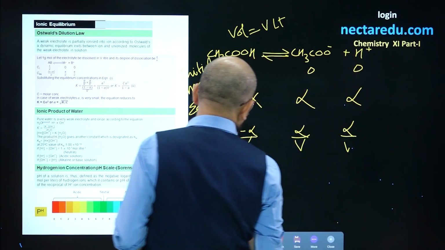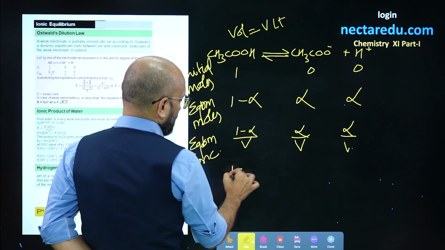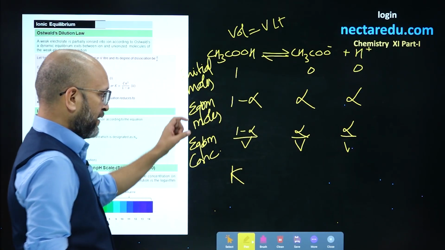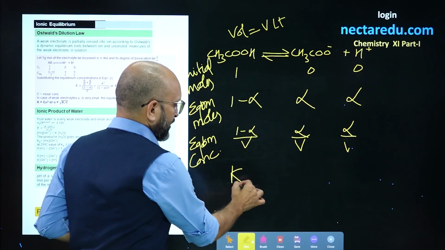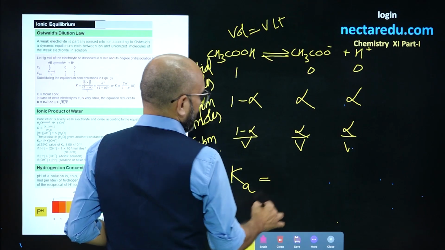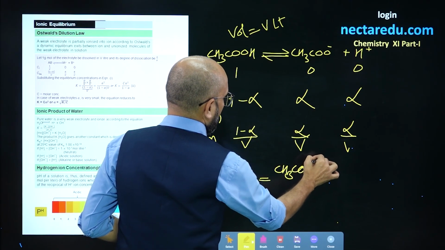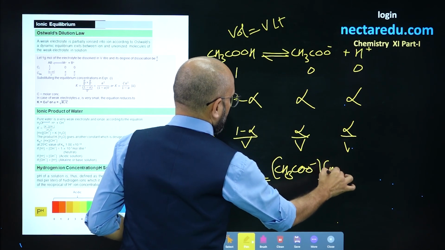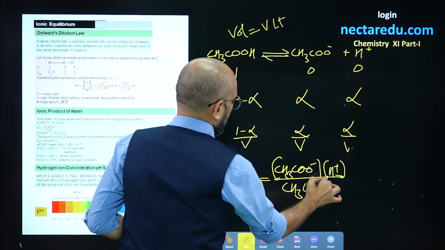So if we apply the equilibrium constant formula, where degree of dissociation is alpha and dissociation constant is written as Ka, we write it as acetate ion concentration into H plus concentration upon acetic acid concentration, right?